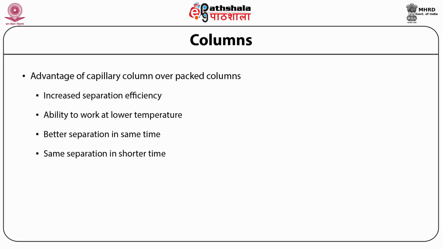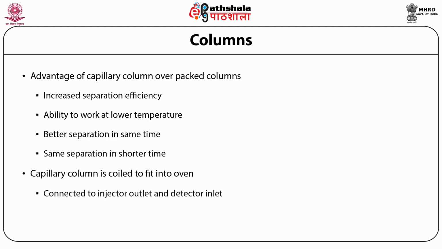Due to lesser amounts of stationary phase in a capillary column, its capacity is limited. Therefore, it has special sample introduction methods and sensitive detectors. The column is coiled to fit the temperature regulated oven, that is the column oven, and is connected with the injector and the detector inlets.